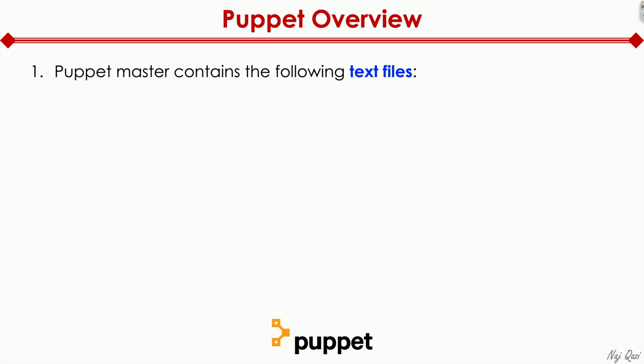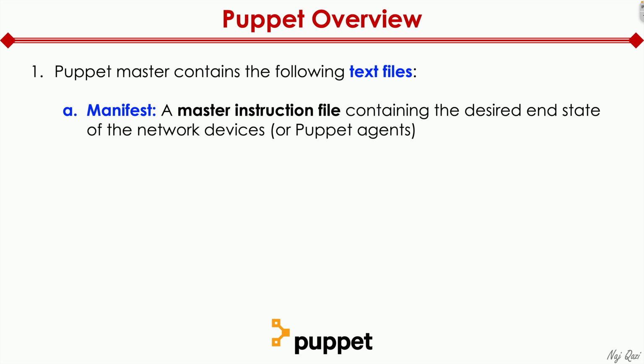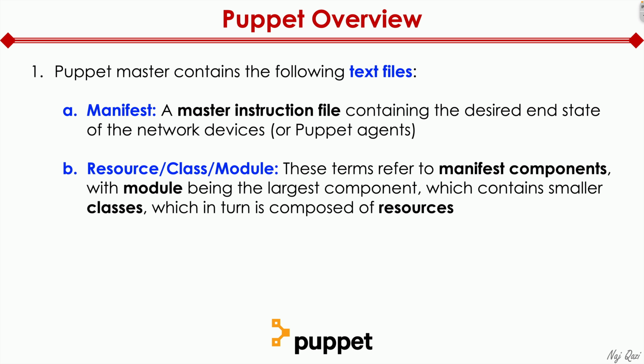Now, once you're done installing the Puppet Master or the Puppet server, it contains the following text files. It has what's called a manifest. This is the master instruction file, and it contains what's called the desired end state of the network endpoint or Puppet agents. And then it has another text file called resource or class or module.